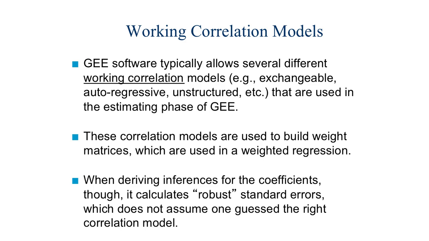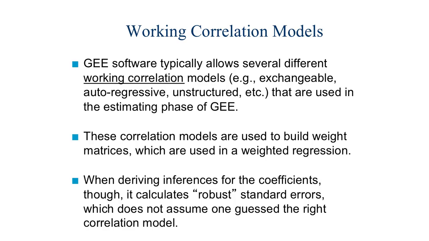And in many cases, it doesn't matter what you put for the correlation. Sometimes it won't have any effect on the estimation. Sometimes it will. We'll distinguish between those two. That's an important thing to learn for GEE. And then afterwards, when it's got its estimates, it goes back and recalculates the correlation matrix, assuming nothing, so it gets inference that's not reliant on your guess, whether you guess independence or something else.